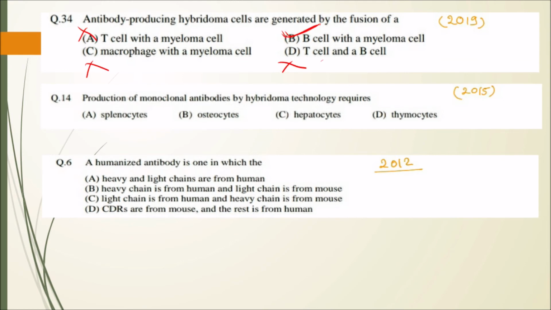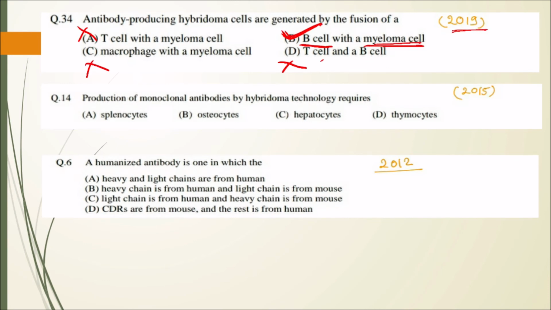No. We have read that it is a fusion of B cells with myeloma cells. Why not T cells? Because they don't have the property of antibody production. B cells, because they have the property of antibody production. This question was from 2019.